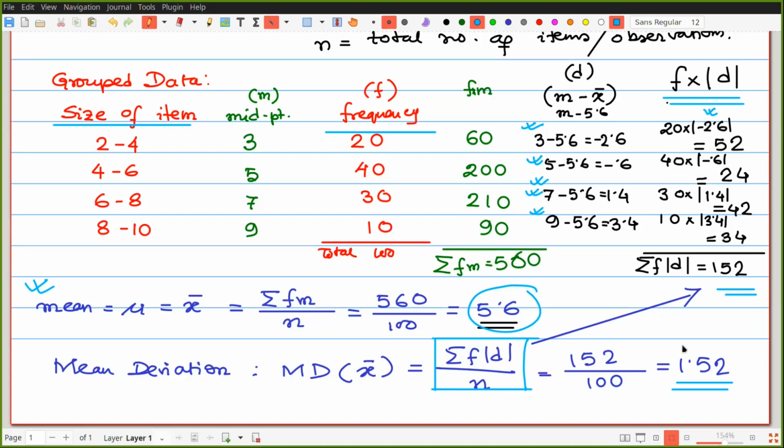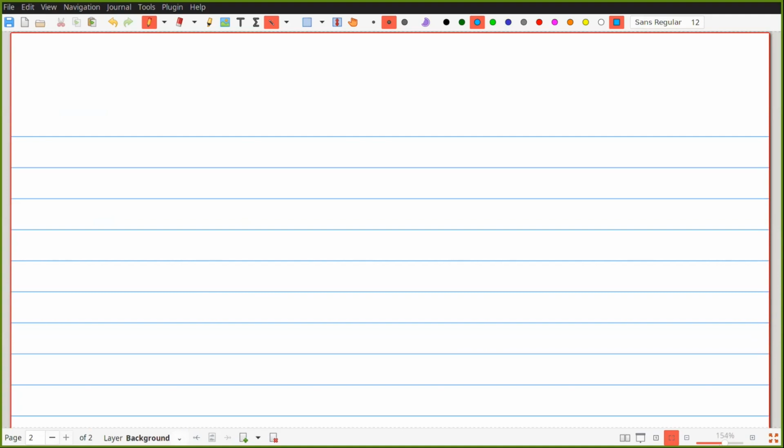Let's check if we have another one, that is for the ungrouped data. If there is the ungrouped data, then what should happen? Another problem. Suppose the problem has been given like that.